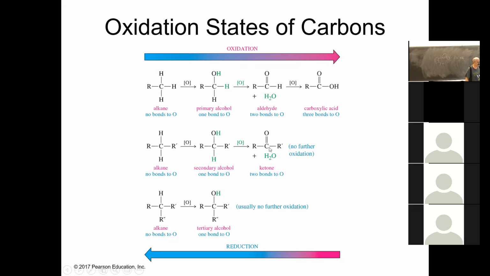The ketone is not easily oxidized further. To oxidize a ketone, you actually have to break a carbon-carbon bond, which is more difficult than breaking a CH bond. A tertiary alcohol doesn't usually undergo further oxidation. That's where it stops.